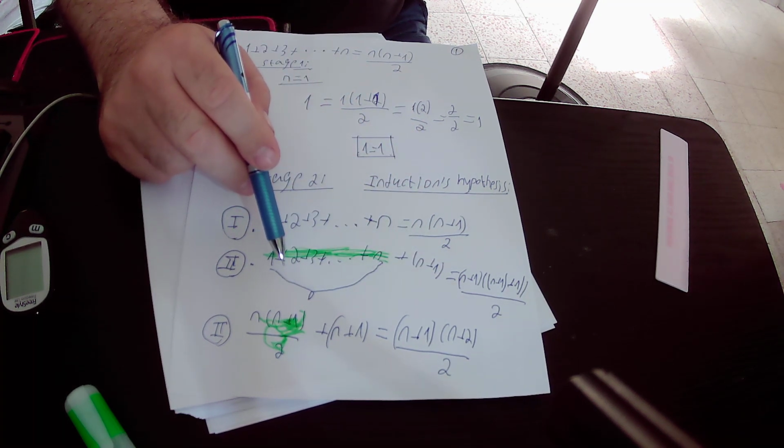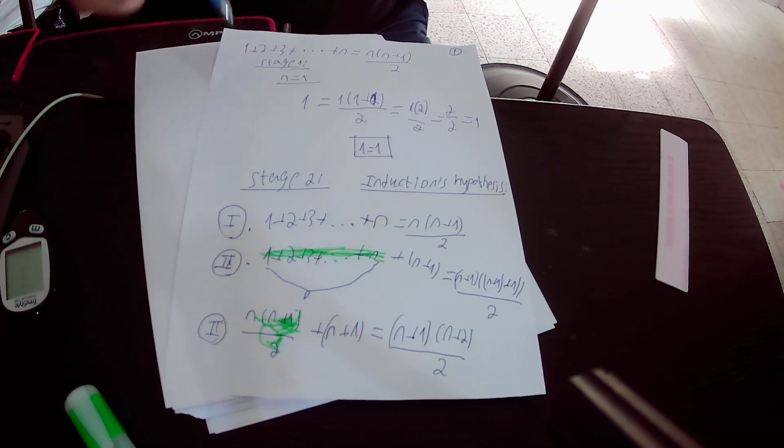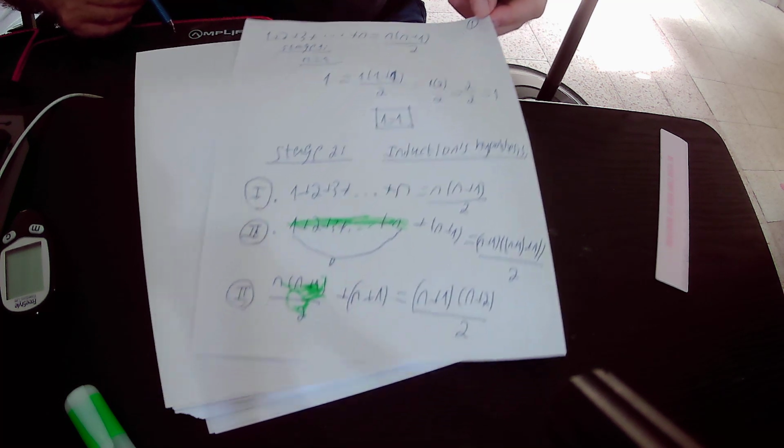We can divide by n plus 1 because n plus 1 will never be 0, because n is a natural number, not zero. So we can divide both sides of the equation by n plus 1.